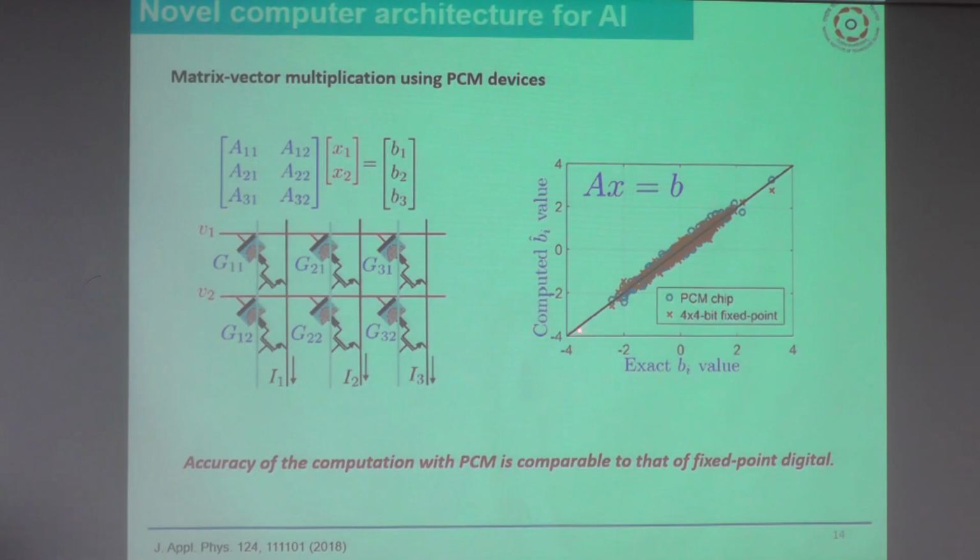They tested this, the blue color data of the PCM chip, Ax equals b matrix vector performance of this device. It is well matched with the 4x4 bit fixed point method. So the thing is that yes, for a small level, if you are able to design a proper neuromorphic hardware based on that, it could be done.